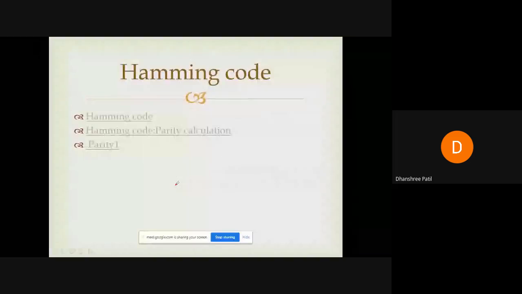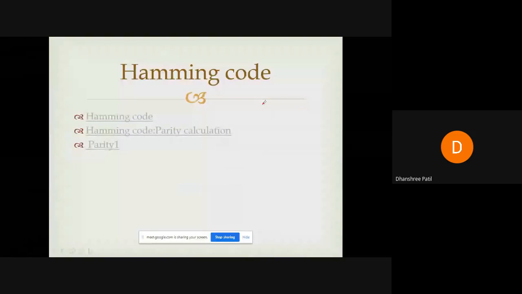Okay, so the next part is again one of the algorithms. It is quite difficult, but remember the steps. After that, I think there will not be any issue. So we'll see Hamming code. Like CRC, Hamming code is also an error detecting as well as correcting method.